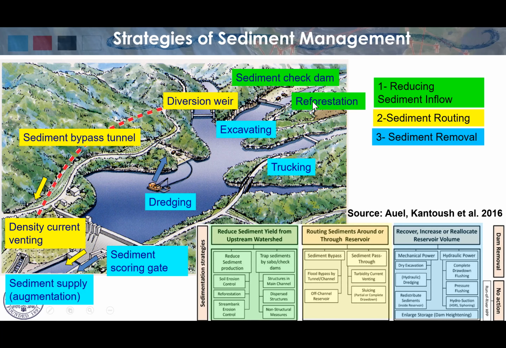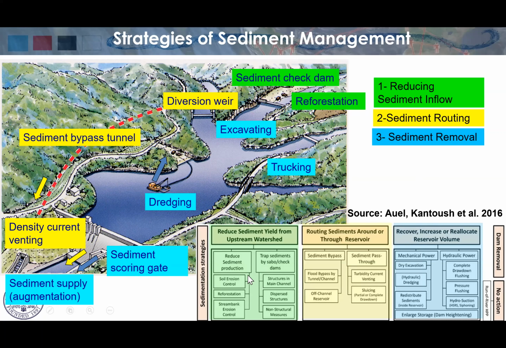Sediment routing means not allowing the sediment to enter the reservoir, but making a route for it through different options. And the third one, if the sediment has moved and settled in the reservoir itself, then how to remove it: sediment removal. These three groups we classified here, and we summarize the common techniques or technology.